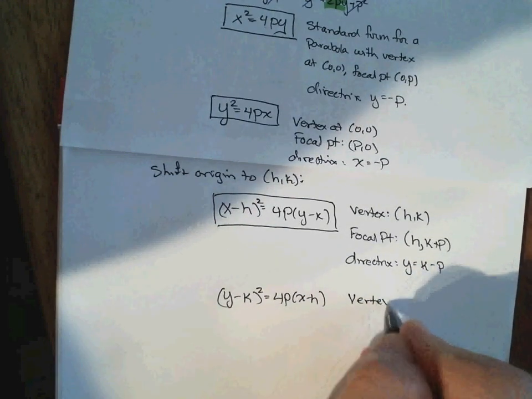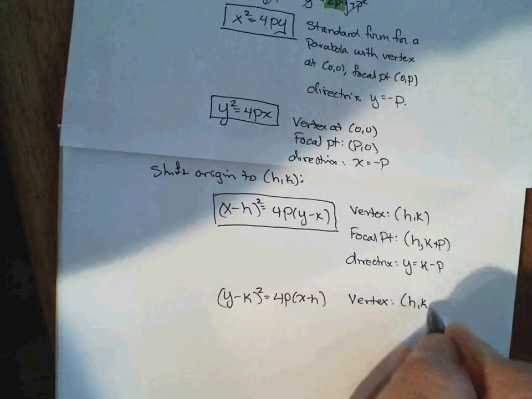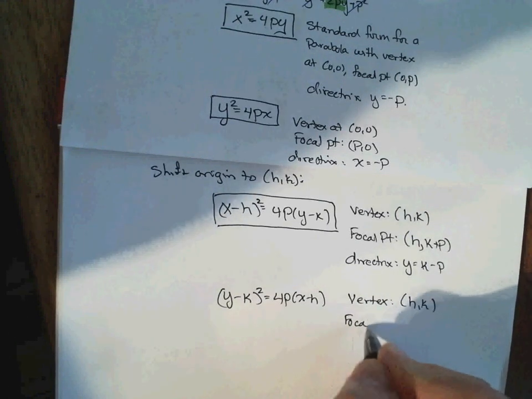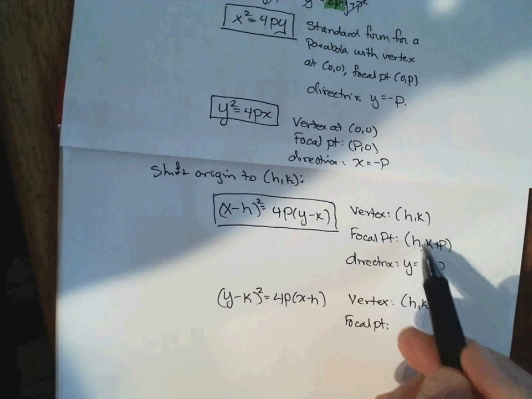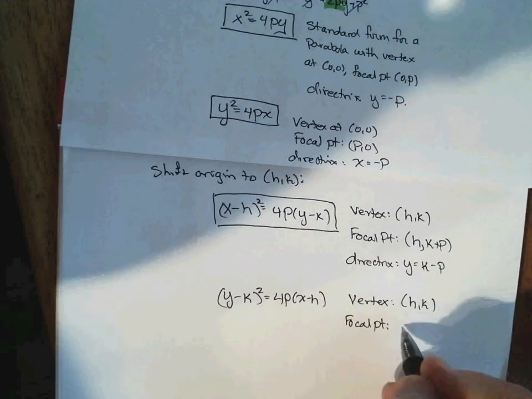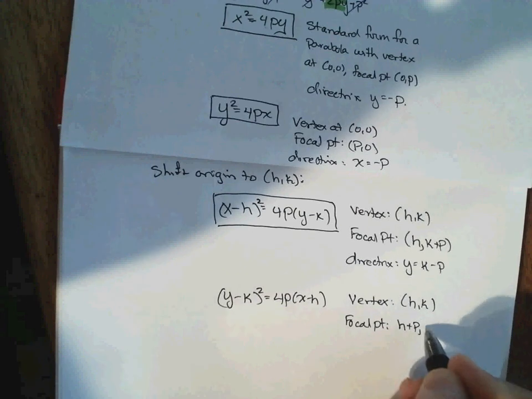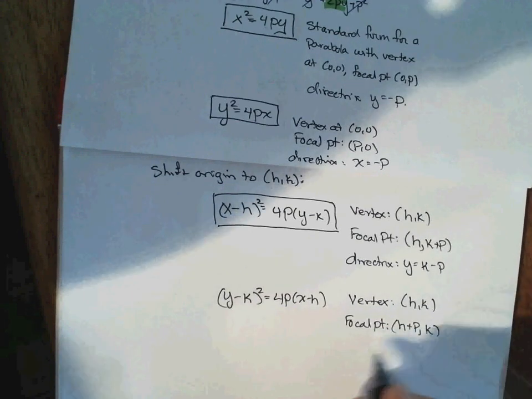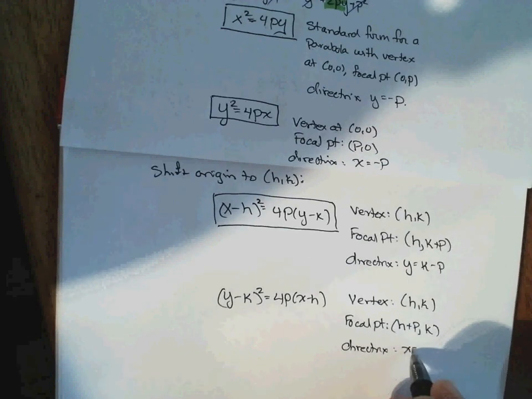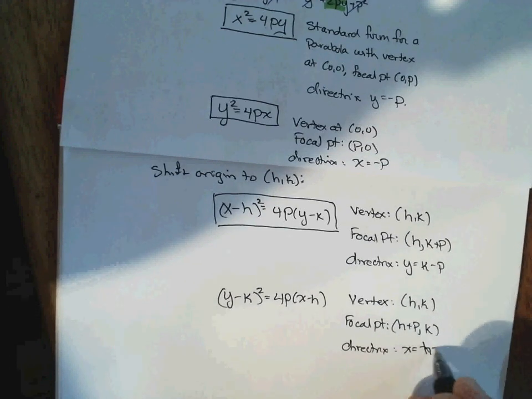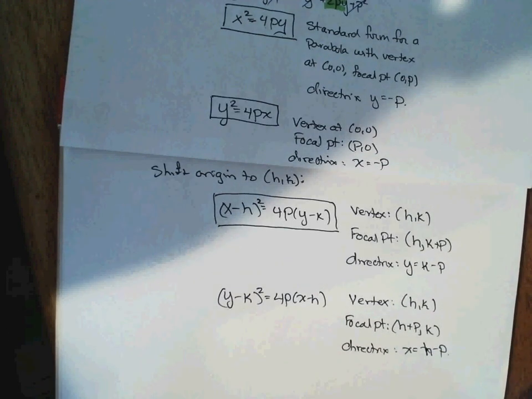And so your vertex again has been moved to (h, k). Your focal point, now moving in the horizontal direction, it's the h value that's changing by p. And the directrix is now the line x equals h minus p.